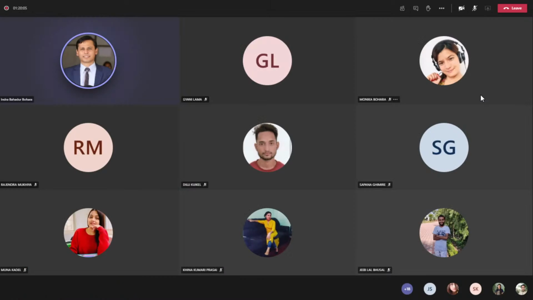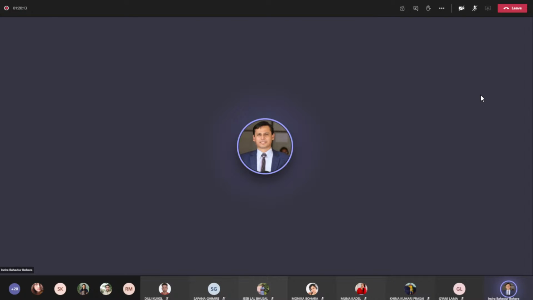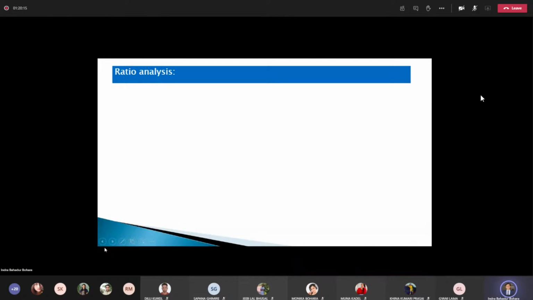Now before starting the ratio analysis, what is ratio? First, what is ratio? Ratio is simply the comparison or relationship between two variables, comparison between two figures which are expressed in numerator and denominator form.